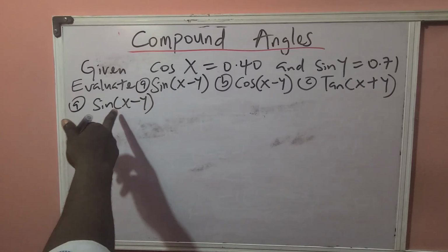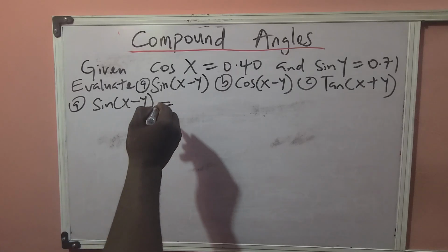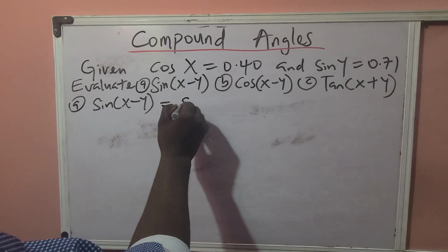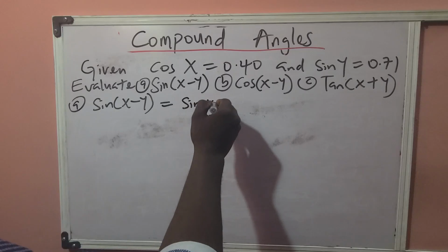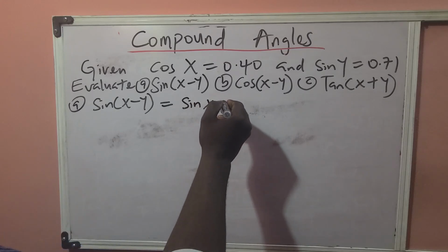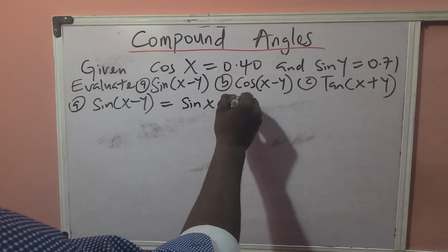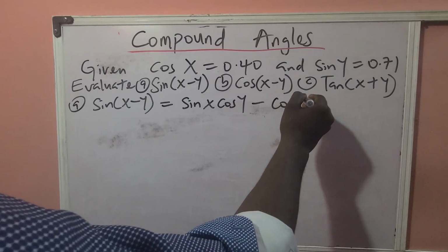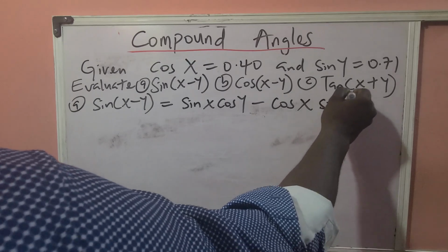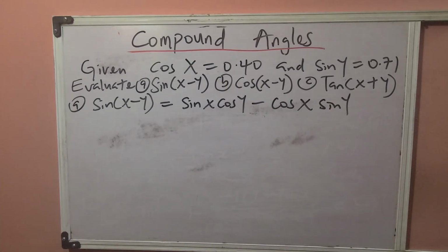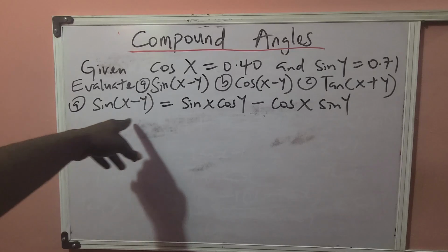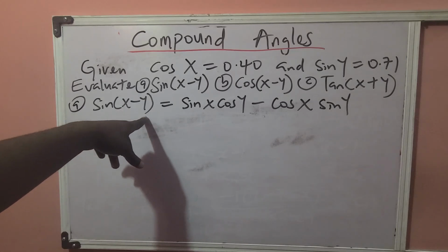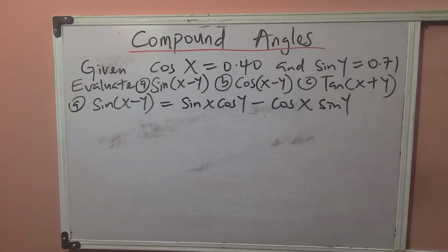And from the identity I gave earlier, you can see that this is going to result in sine x cos y minus cos x sine y. So this is the identity for sine of an angle minus another angle. This is what we're going to have.